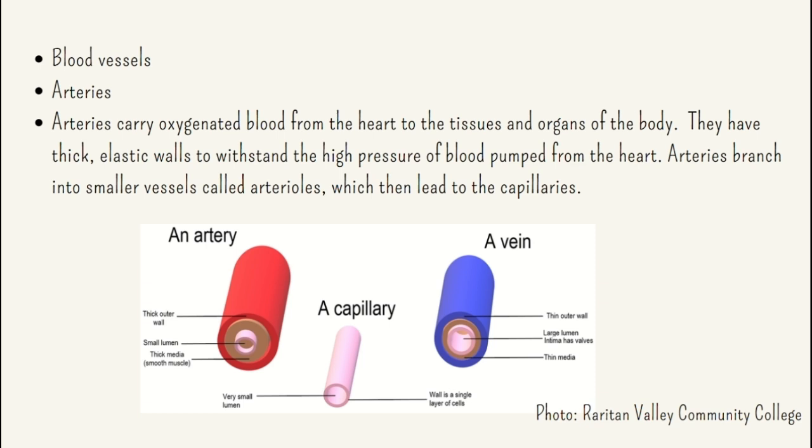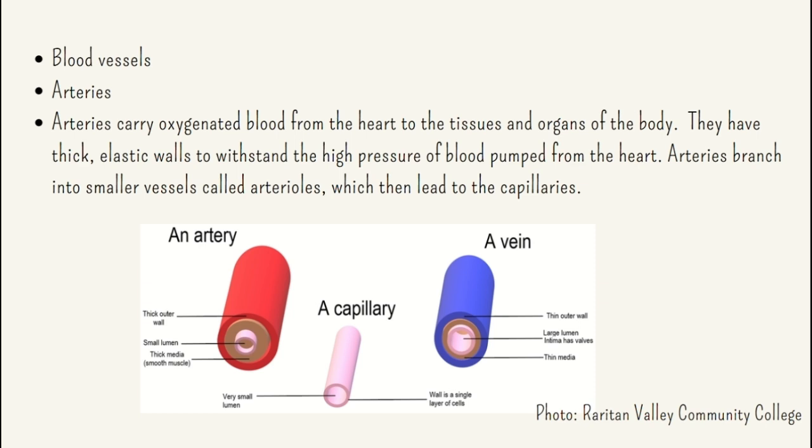Now, it's saying here that they have thick elastic walls to withstand the high pressure of blood pumped from the heart, right? And they also branch into smaller vessels called arterioles, which then lead to the capillaries.